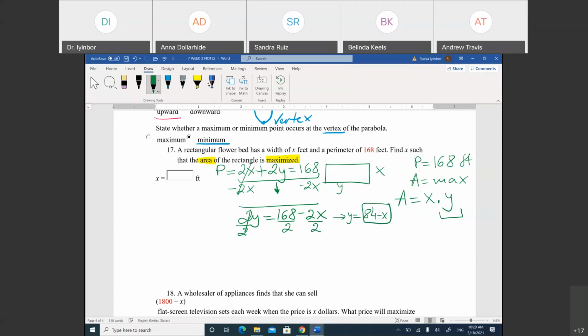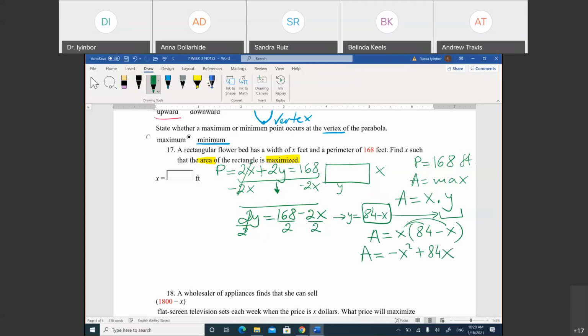Now this y is going to replace the y in the area formula. So the area becomes x times 84 minus x, yes? And then if I multiply through the parentheses, I'm going to get the area. I'm going to put the x squared first. So it's going to be 84x minus x squared, so it's minus x squared plus 84x.